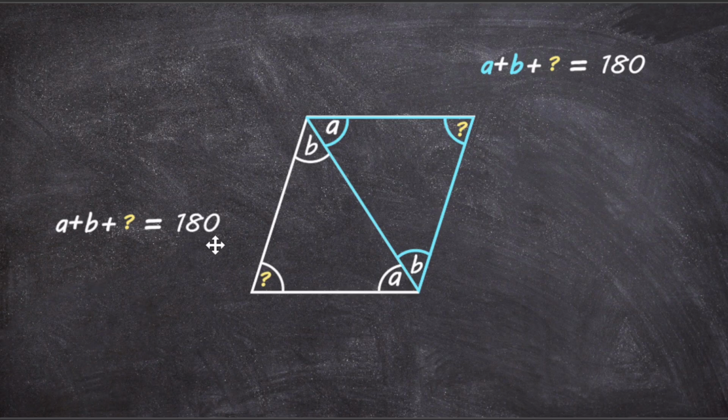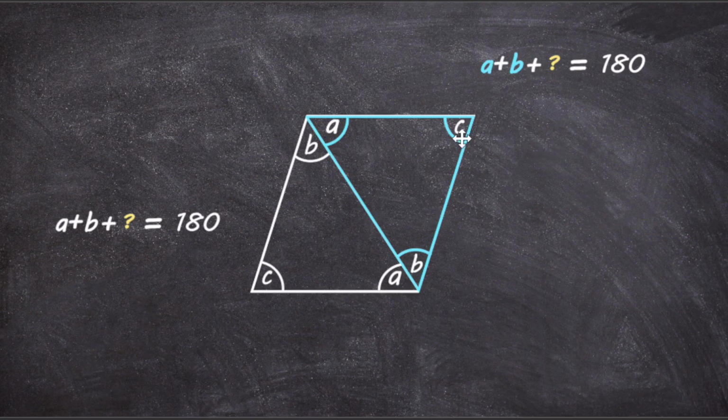Because both of these equations are exactly the same, the unknown value must be exactly the same, which means that these two angles, the top right and bottom left, have the same value. We'll relabel them with the letter C. And given that these two angles are opposite, it satisfies the property that opposite angles in a parallelogram are equal in size. And so we have the top left and bottom right are equal, and the bottom left and top right, which are opposite angles, and they are equal.